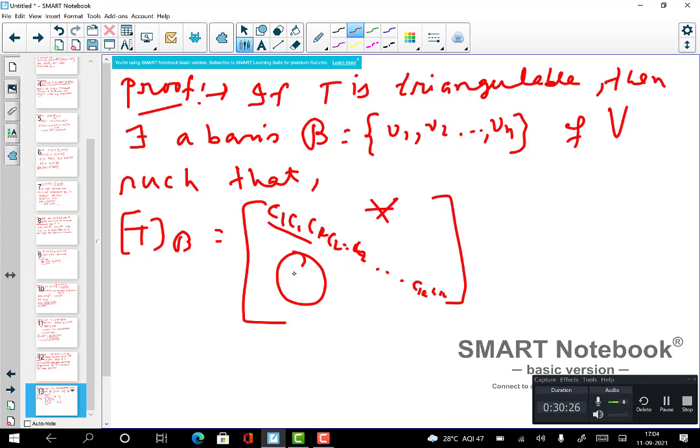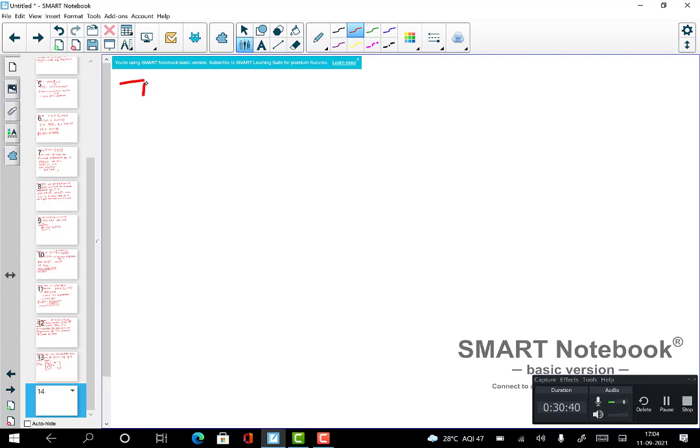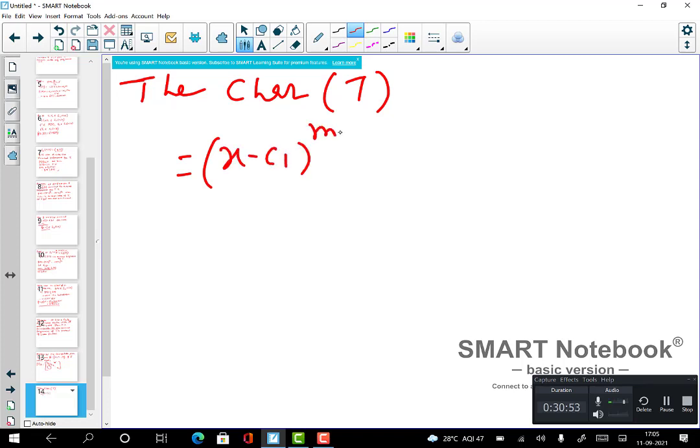Now what is the advantage here? The advantage is that when you know the triangular matrix, you can easily find the characteristic polynomial. So if this is the triangular form, the characteristic polynomial of T will be of the form (x minus c1) to the power m1 up to (x minus ck) to the power mk.